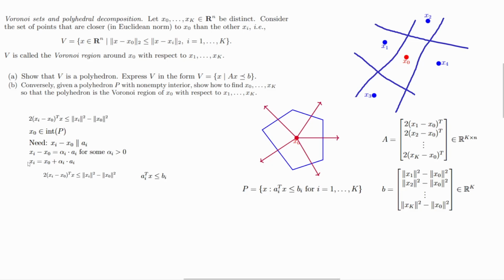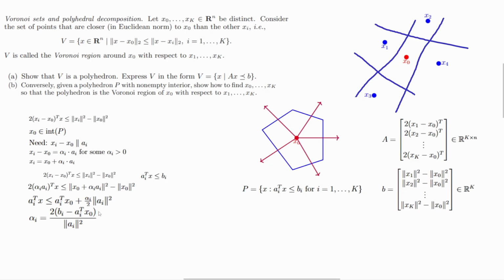Then we can plug in this value for xi into the Voronoi constraints. Simplifying this inequality, we get the following inequality. Notice that we have ai transpose x, which matches what we want on the left-hand side. To make the right-hand side correct, we need to set this equal to bi. Once we do that, we solve for alpha i, and we get the following result.